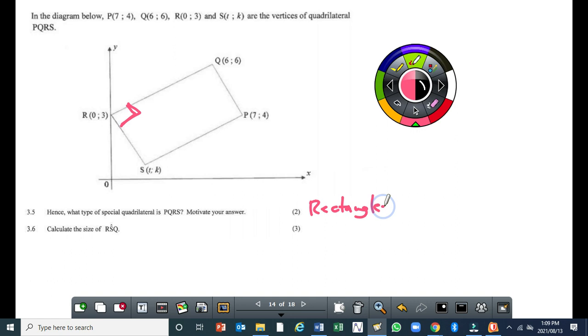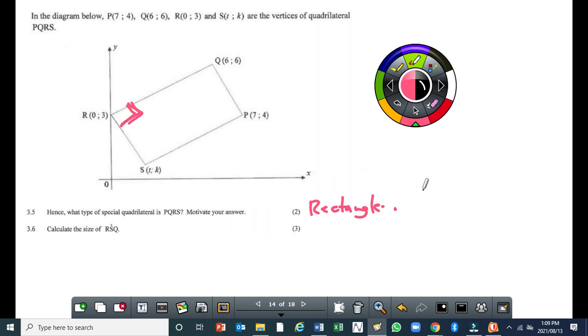And then my reason is that the diagonals bisect, okay? Plus, I will also mention the fact that there is at least one interior angle which is equal to 90 degrees.